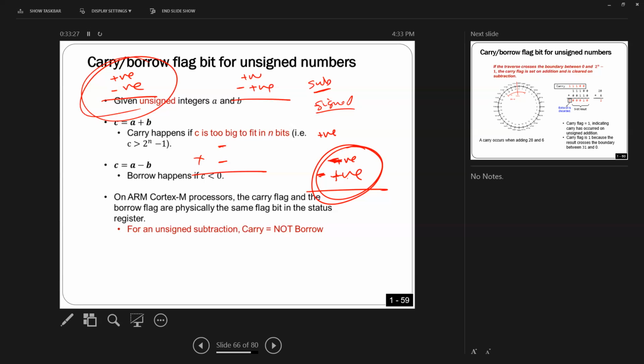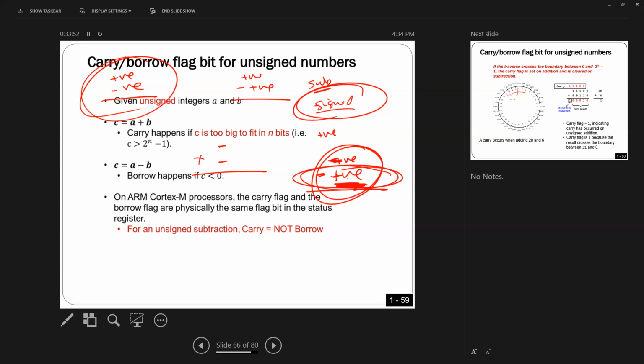Actually, subtraction is addition of the two's complement of the number, right? So in case of signed numbers, there is no difference from what I explained. You just need to convert the subtraction to addition, but you need to change the sign of this one for sure. If this one is positive, it should be negative.